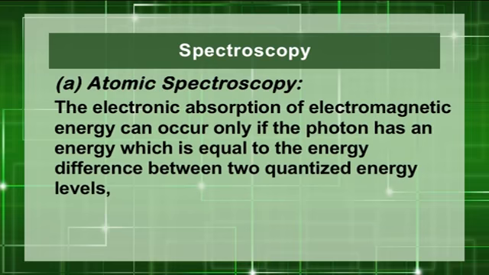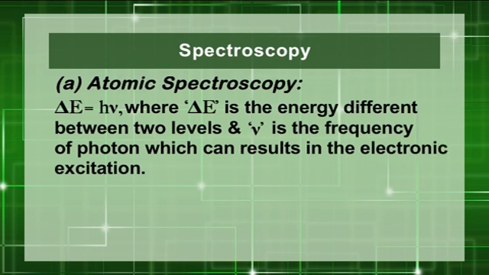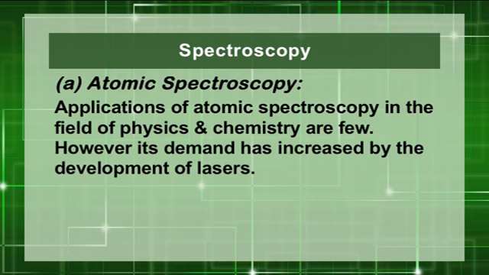The electronic absorption of electromagnetic energy can occur only if the photon has an energy equal to the energy difference between two quantized energy levels, that is, delta E is equal to h nu, where delta E is the energy difference between two levels and nu is the frequency of the photon, which can result in electronic excitation. Applications of atomic spectroscopy in the fields of physics and chemistry are few. However, its demand has increased with the development of lasers.